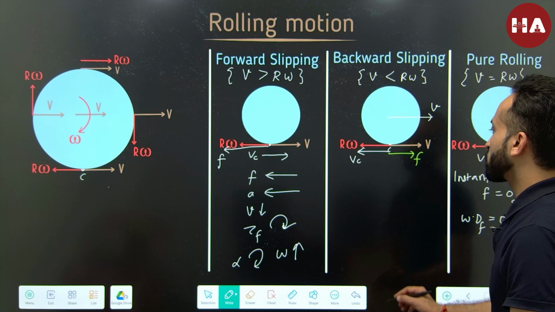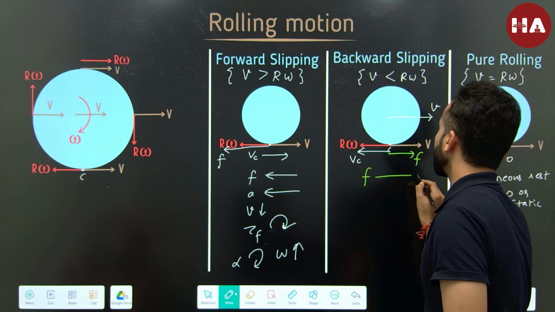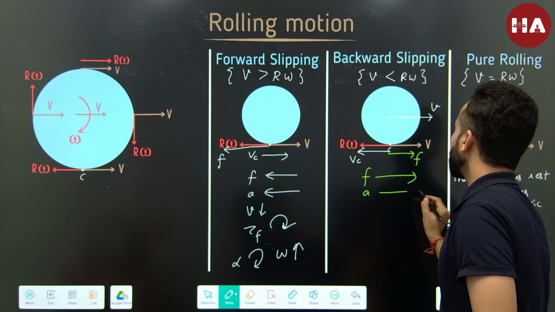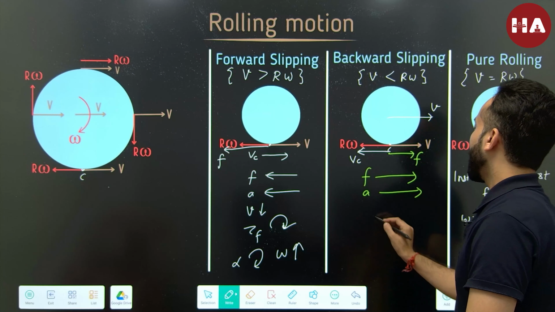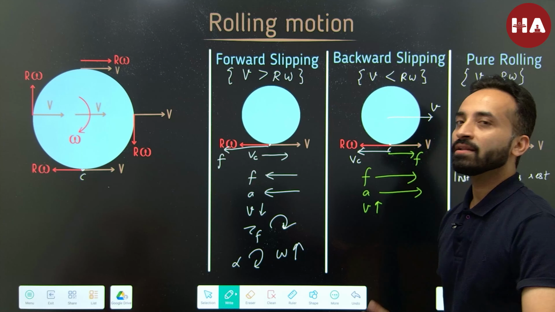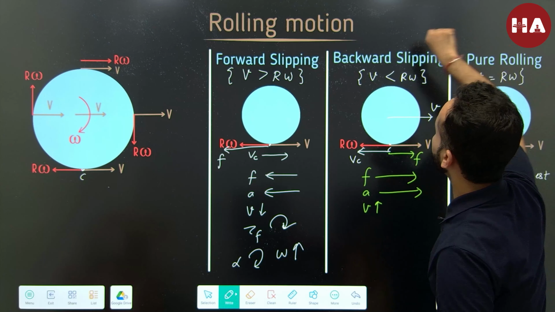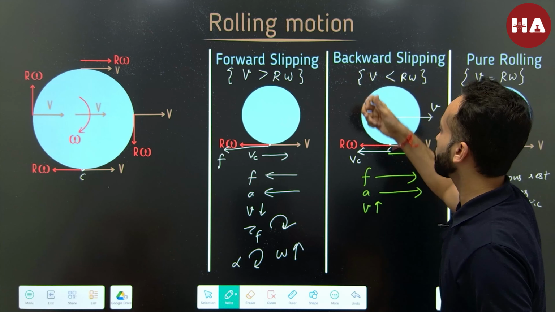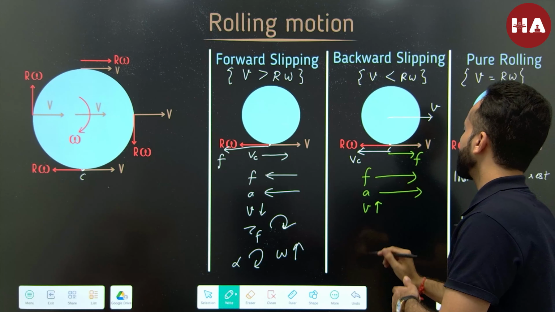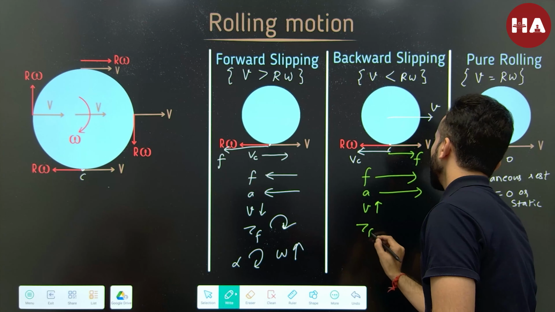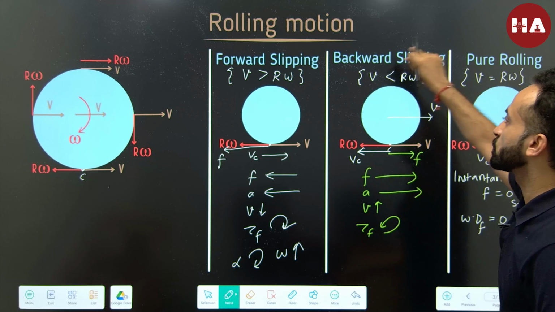So friction is acting forward this time. So acceleration is also forward and the velocity of the object will increase. Similarly, the torque of friction is going to be anti-clockwise in this situation.